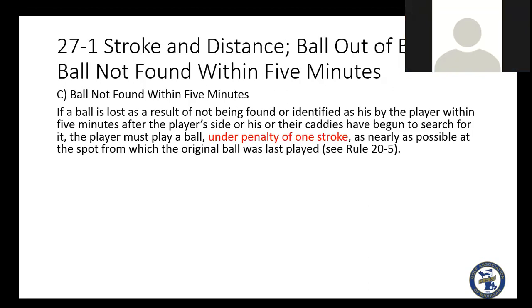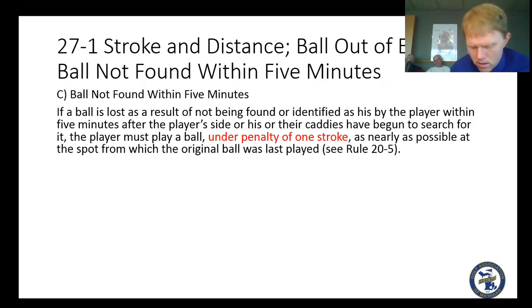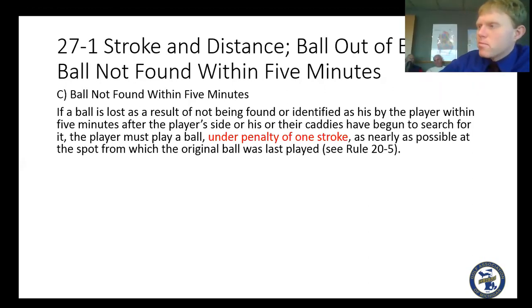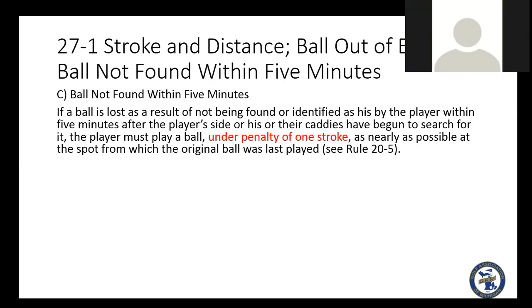If you identify the divot, do you mark off one club or two clubs from that, or is it a drop just as close as possible? As nearly as possible to where you last played from. So no reference to one club length or two club lengths, just as nearly as possible where you last played from. Thank you. Yep.